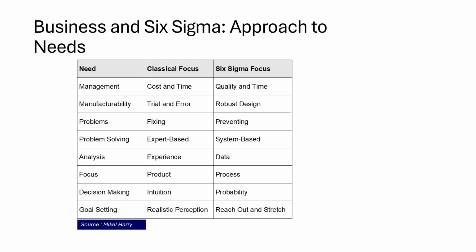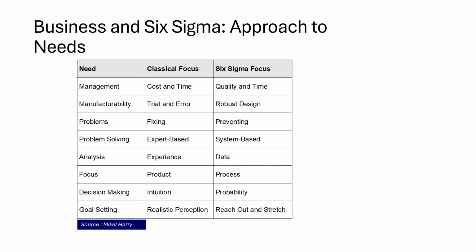Next, we have analysis. The classical focus was on experience. What has worked in the past? What could potentially work now? The Six Sigma focus is on data. Where are we currently in terms of the process cycle times or the lead times or the number of mistakes or the number of errors?